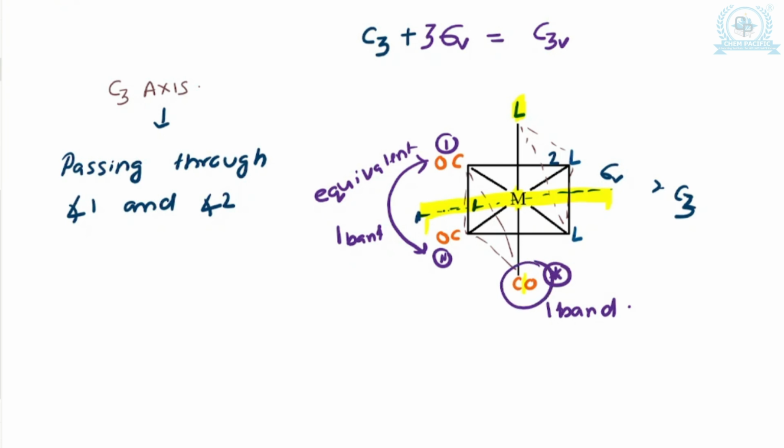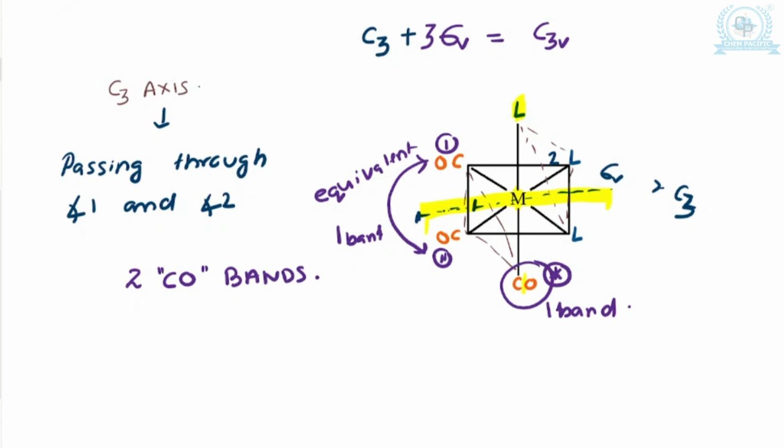As a result of which, in the case of the facial octahedral isomer, you will be getting 2 bands. Two CO bands. I hope this is clear to all of you. This is very important. Okay?